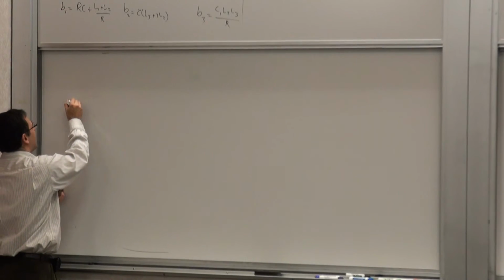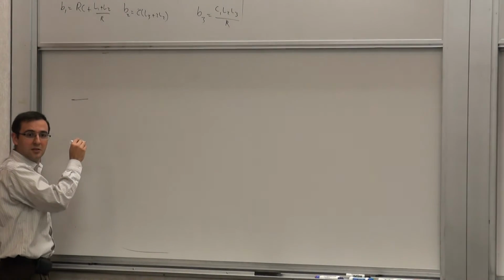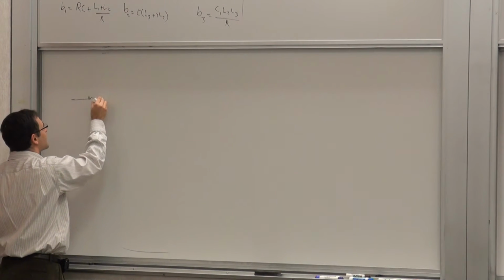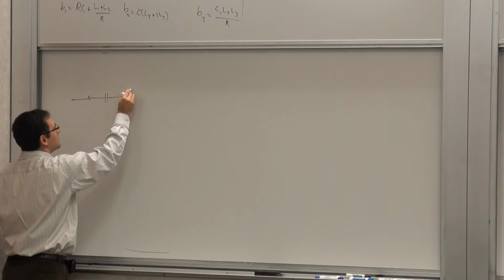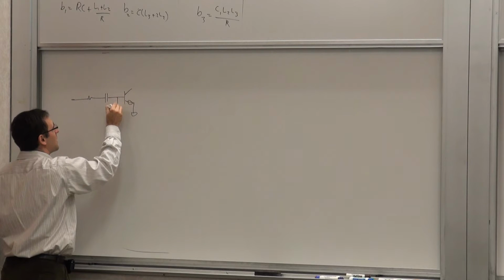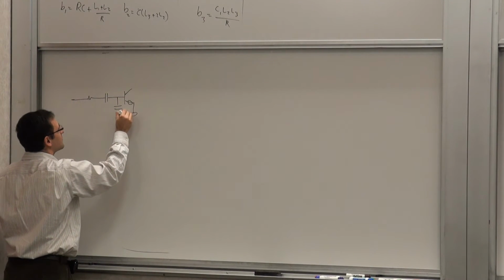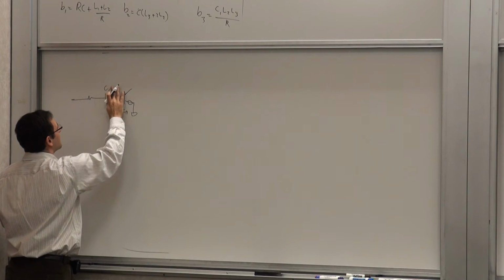Okay, well, let's think about our common emitter again. But let's say this time I have one that's AC coupled. And only think about C pi. Well, C1.